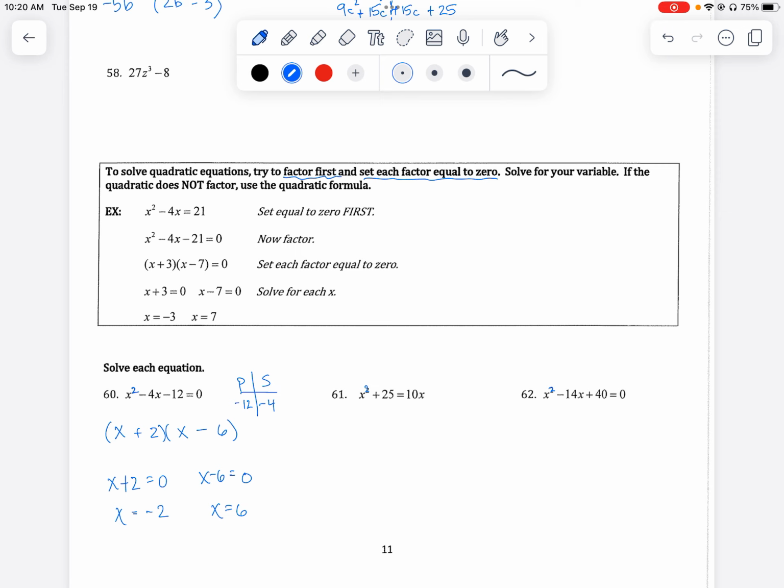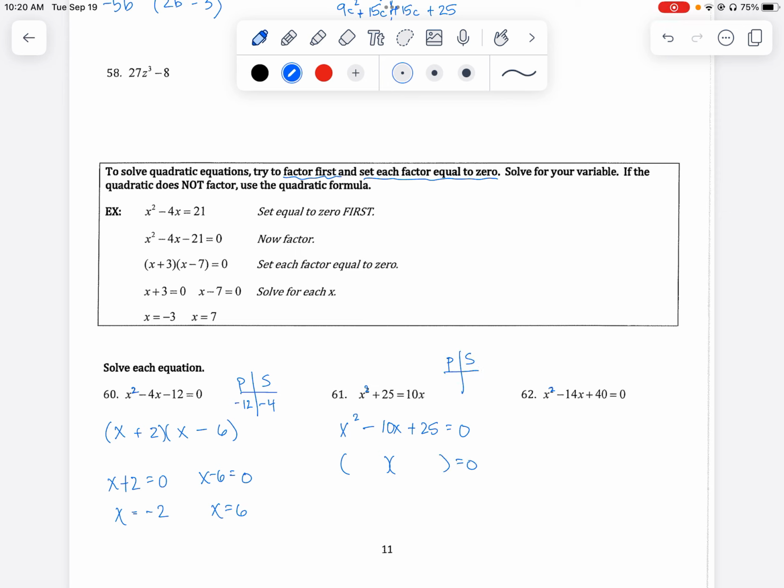Okay, in 61, it looks a little bit different. The quadratic isn't set equal to 0, but I can recognize that if I subtract 10x from both sides, I move the 10x over, what I get is in fact a quadratic that's set equal to 0. I'm looking for two numbers that multiply to 25 and sum to -10.